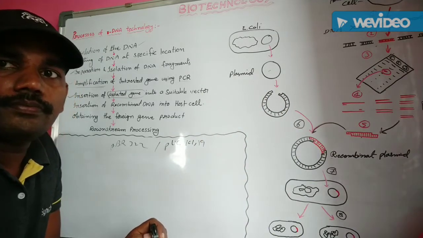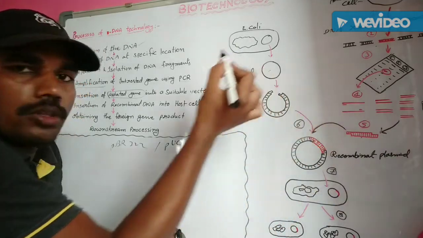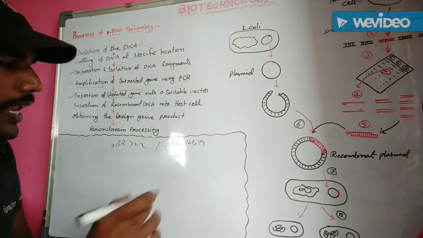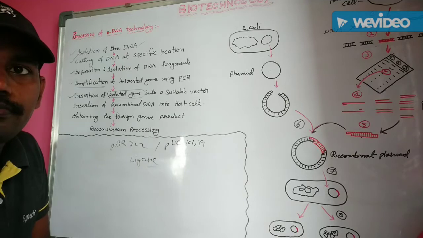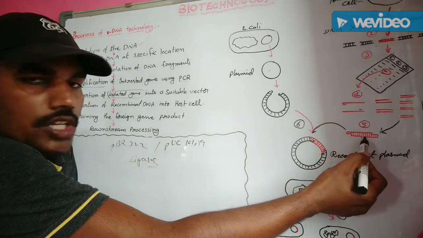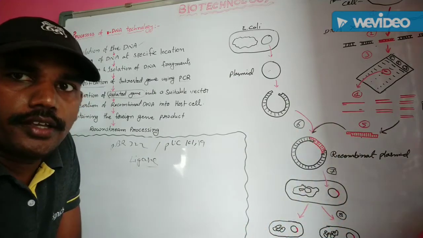Understand? The isolated gene is inserted into the plasmid with the help of an enzyme, ligase. With the help of the ligase enzyme, the isolated gene is inserted into the plasmid to form recombinant DNA.